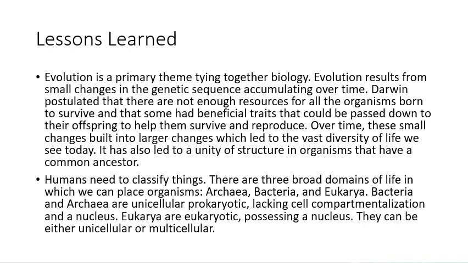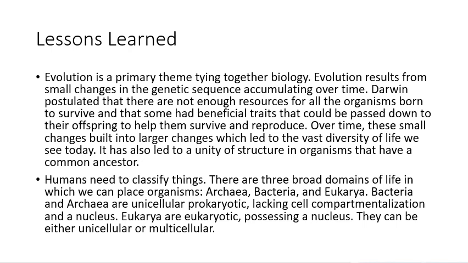So he noticed that there weren't enough resources for every organism born to survive and reproduce, and that some organisms have beneficial adaptations that are heritable, that they can pass on to their offspring. And over time, these beneficial traits built up, and harmful traits were weeded out of the population just by means of that organism not being able to reproduce.